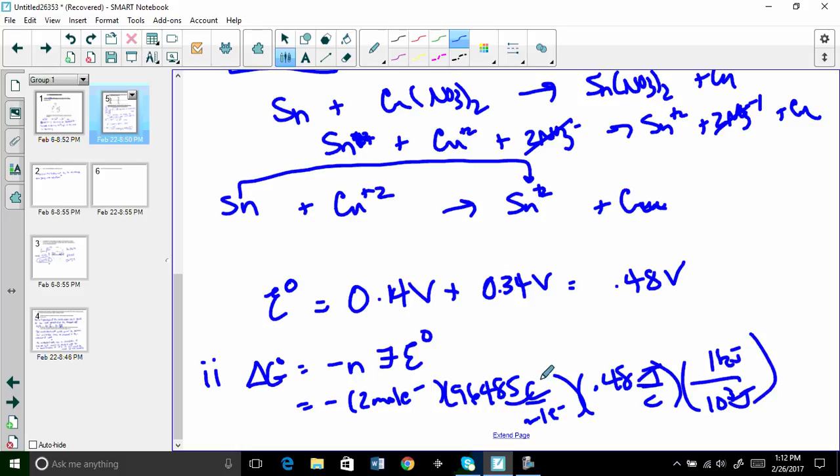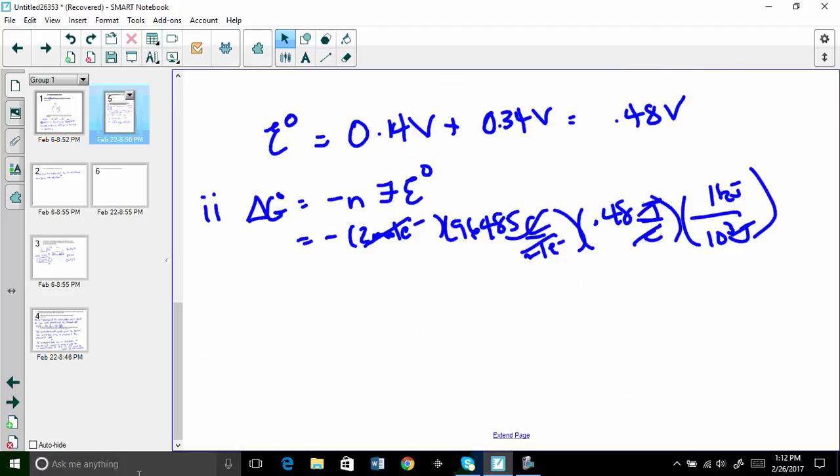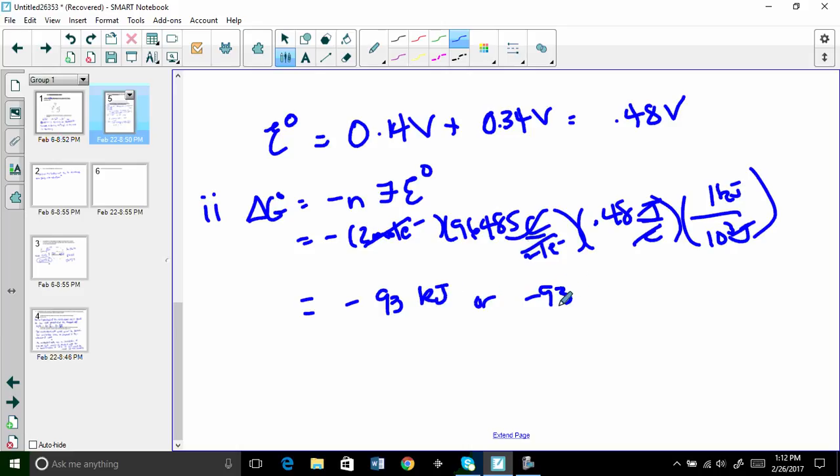And it looks like we only get 2 sig figs. So negative 93 kilojoules, or remember they play fast and loose, negative 93 kilojoules per mole reaction. And remember, when delta G is negative, it's spontaneous. When delta E is positive, it's spontaneous.